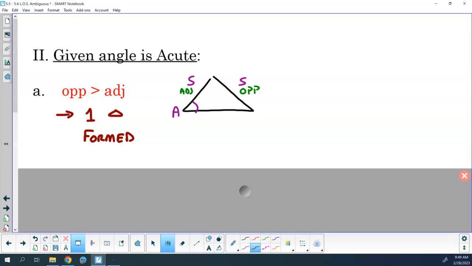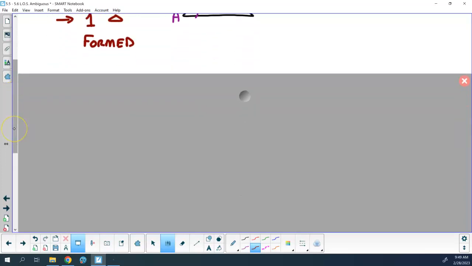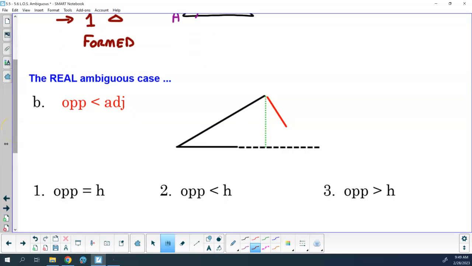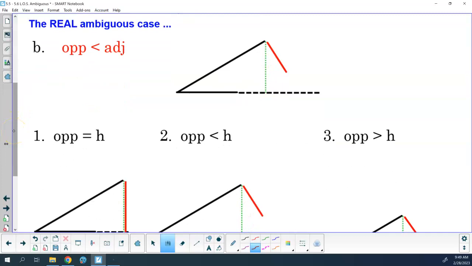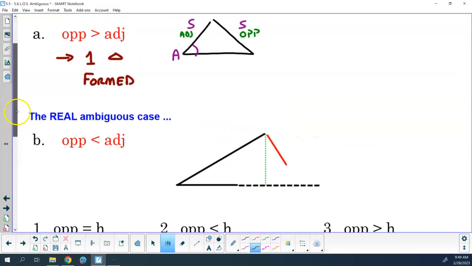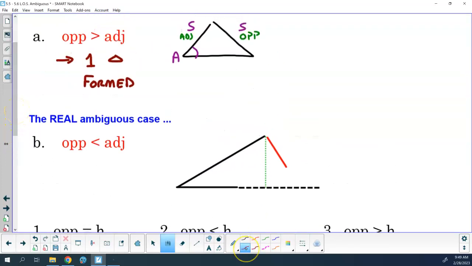Now, here is where the real ambiguity starts. Let me give you guys a moment to write it down. So here is my angle A. Here is my side. Here is my side. This side would be the adjacent.